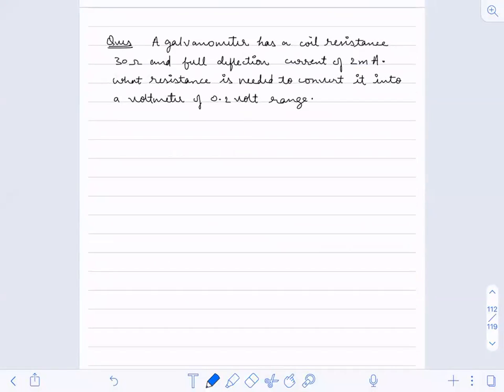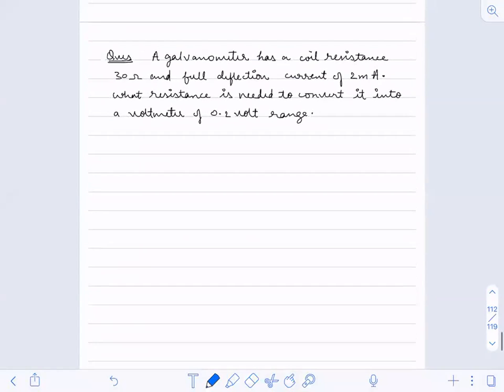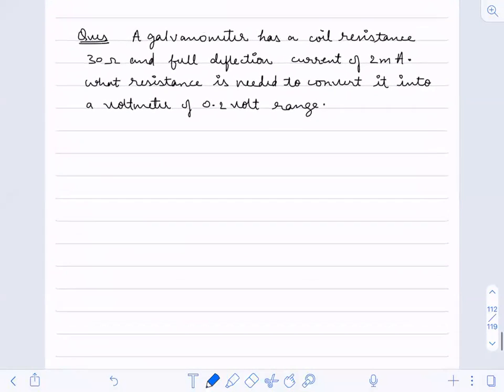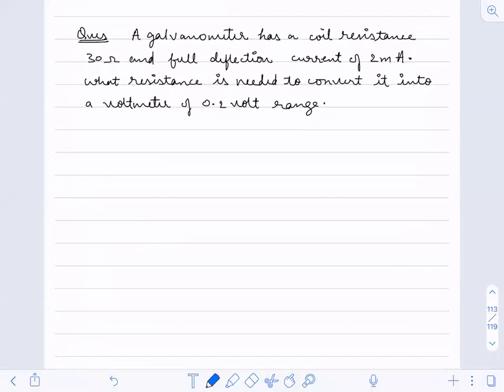Just read this question here. A galvanometer has a coil resistance of 30 ohms and full deflection current of 2 milliamperes. Let us note down the values they have given. Coil resistance, that means Rg, is 30 ohms. Ig is 2 milliamperes.